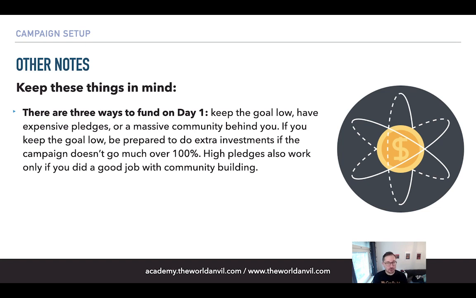It's not how it is supposed to be, but you have to take some risk there between the public and the real goal. Also, keep in mind that if you are asking people for really high pledges, you need to have a strong community behind you, because if people don't know you, it's unlikely that they will want to put down hundreds or even thousands of dollars, euros, whatever you're using.